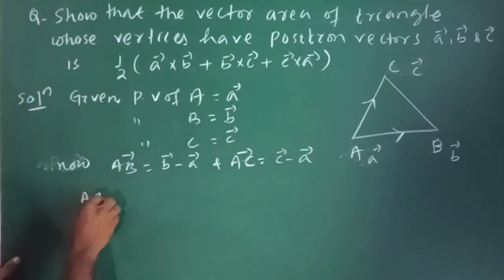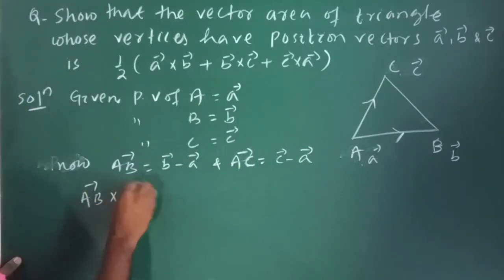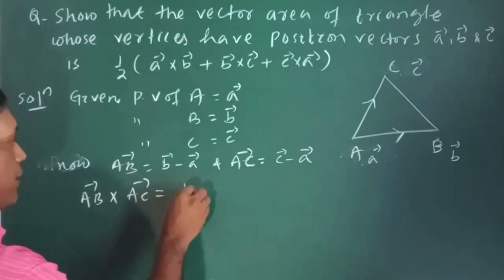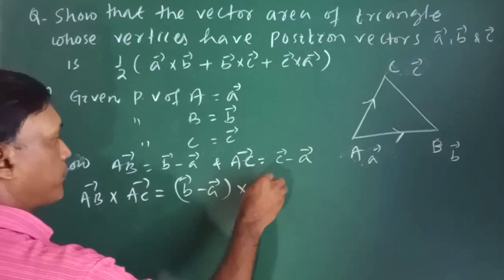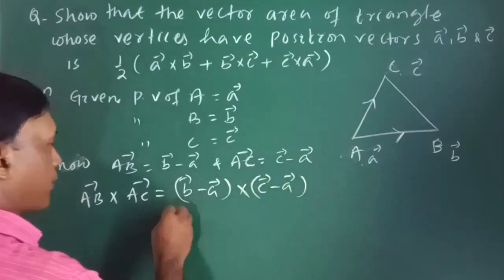Now we have to find AB vector cross AC vector, and this is (B vector minus A vector) cross (C vector minus A vector).